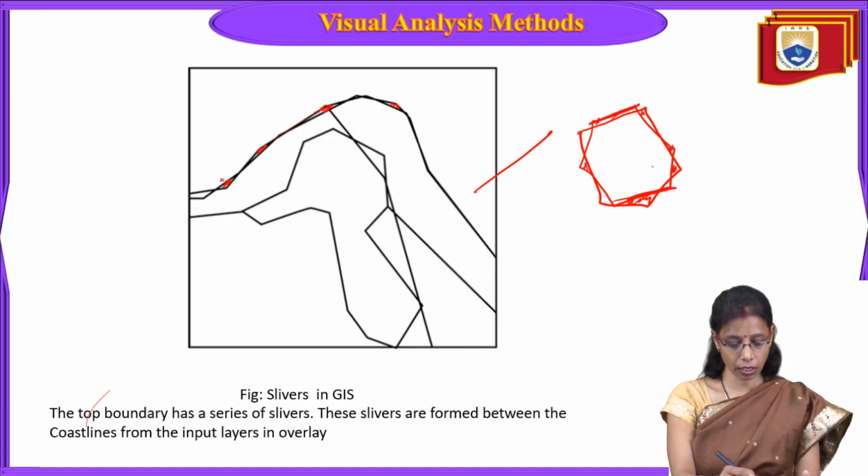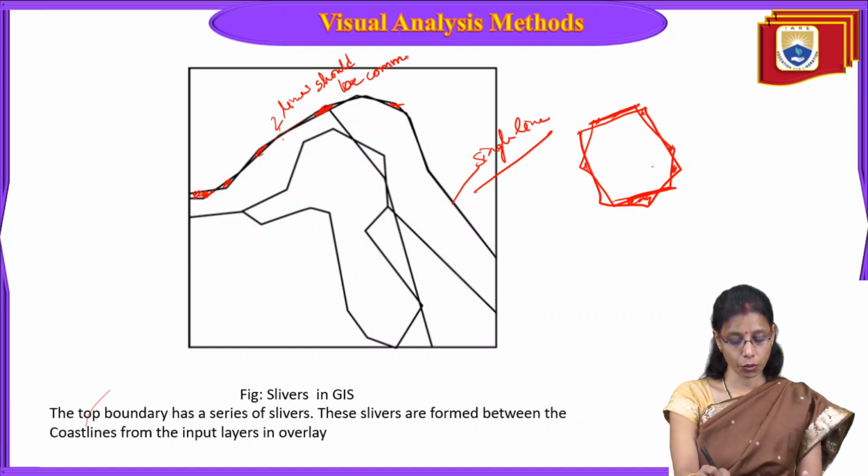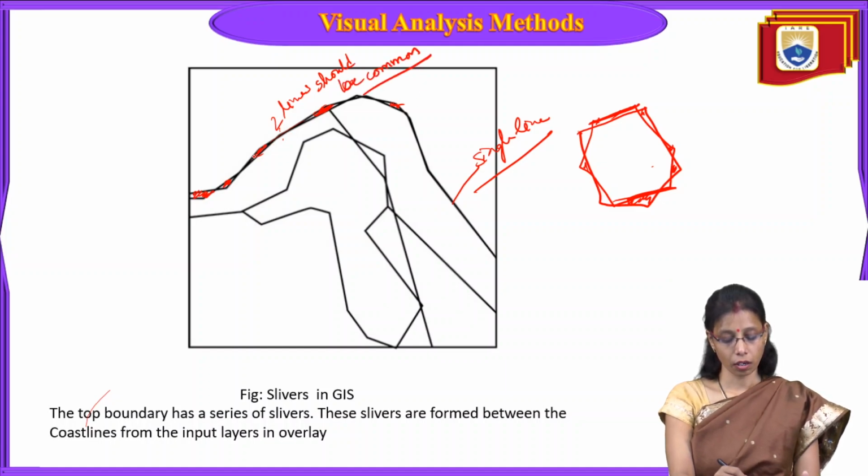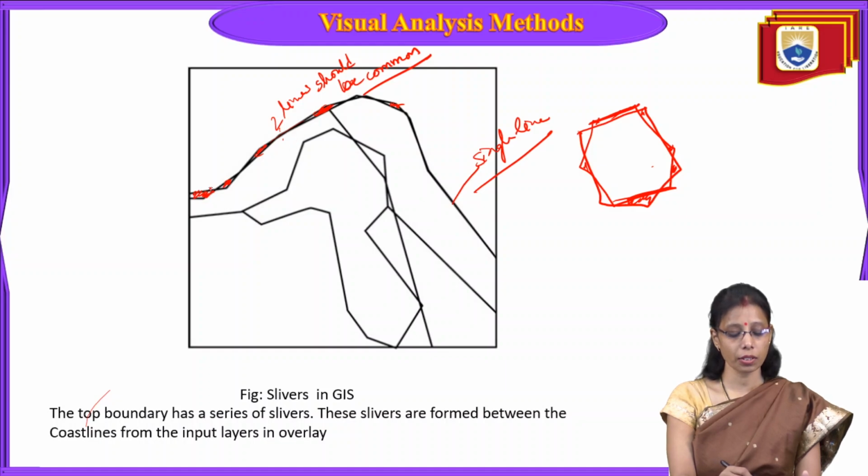This should not be there. It has to merge, like this is a single line. So these two lines should be common. There should not be any errors while snapping. This line has to snap exactly to the other line.